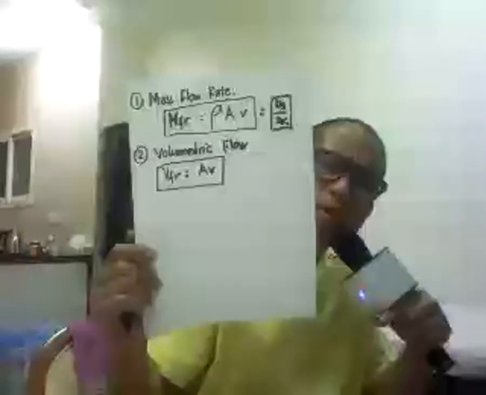And then we have the volumetric flow rate. Volumetric flow rate is equal to area times the velocity or the speed. In the volumetric flow rate, you will be happy because the density will be removed.